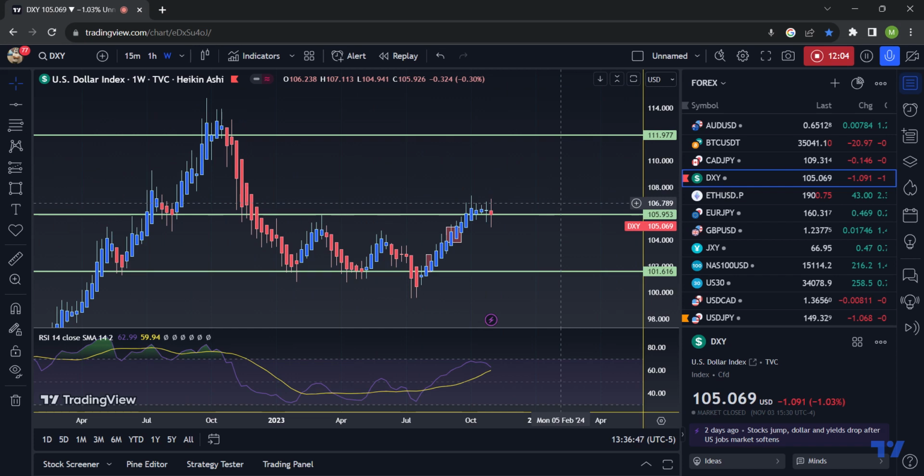Those are the main points you want to keep in mind each time you're trading any pair, because that's where the price will most likely reverse.